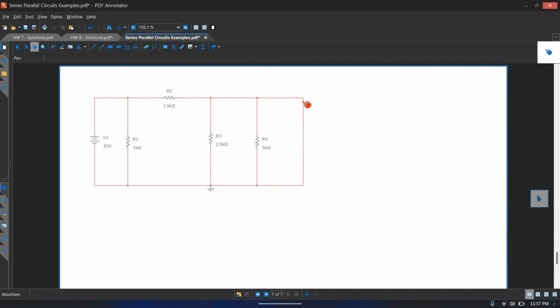And so basically what this is representing is a short. And what a short does is essentially it shorts out everything that is in parallel to it. So think of it this way.